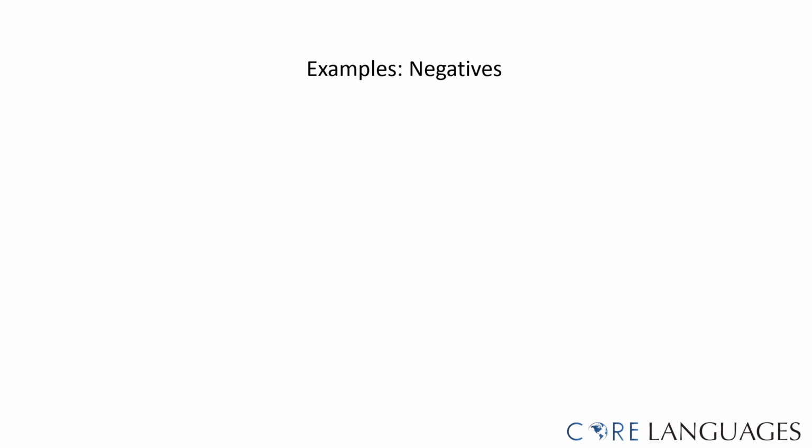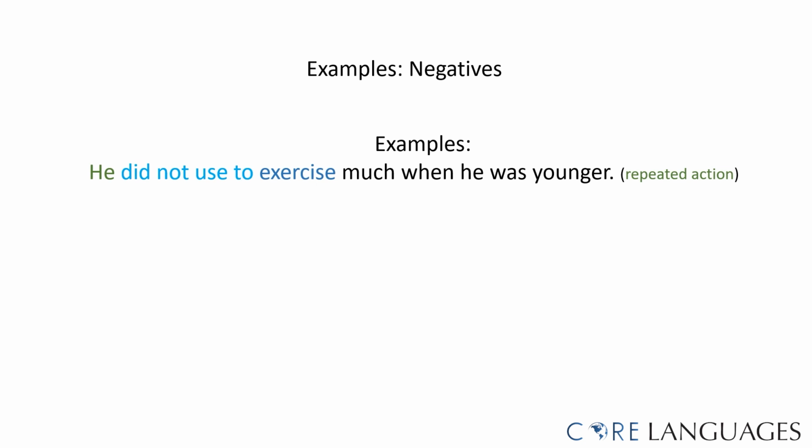Whether we use used to for a repeated action or becoming accustomed, we can form negative sentences. For example, I can say, he did not use to exercise much when he was younger.